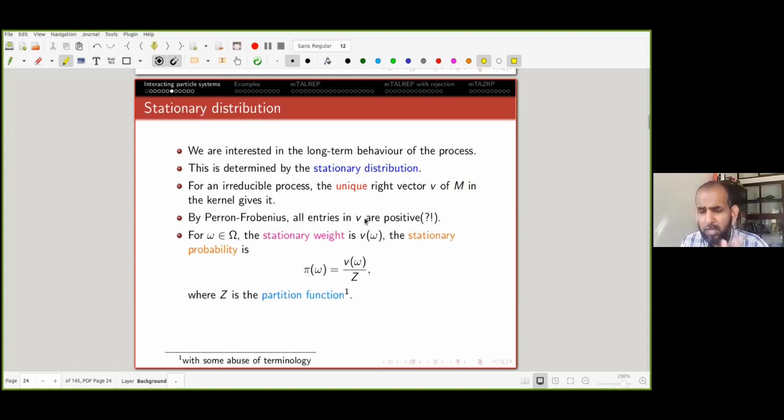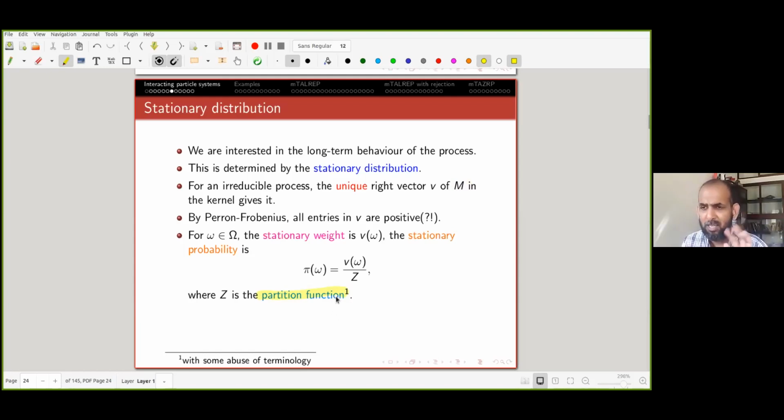But assume that this makes sense. We'll call the stationary weight of configuration omega V of omega. And the stationary probability will be pi of omega, which is V of omega over Z, where Z is the partition function. It's just the sum over the V omegas. It's called the partition function with some abuse of terminology, because for physicists, partition function is a loaded term.